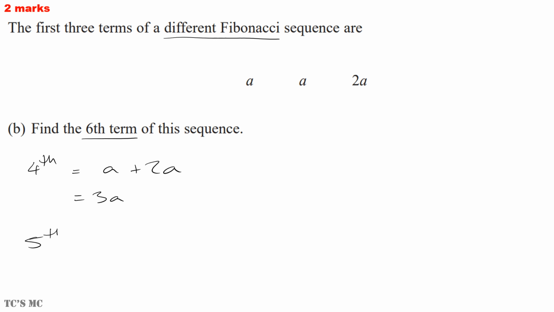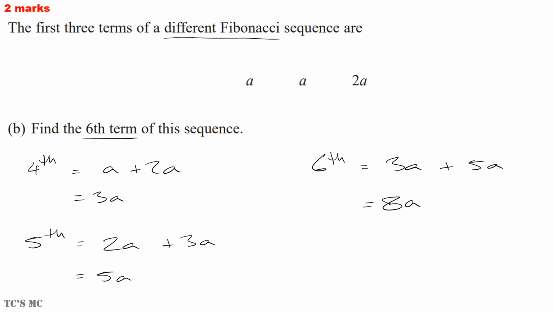The 5th term would be 2A add 3A to get us 5A. And the 6th term would be 3A add 5A to get 8A. You get 1 mark for saying 8A and the other mark for showing how you got 8A.